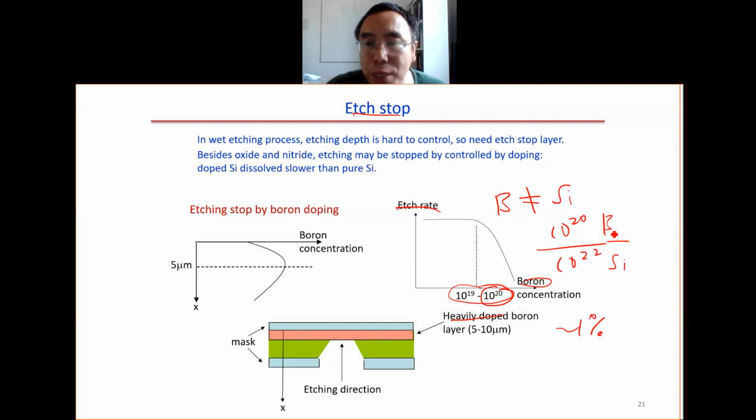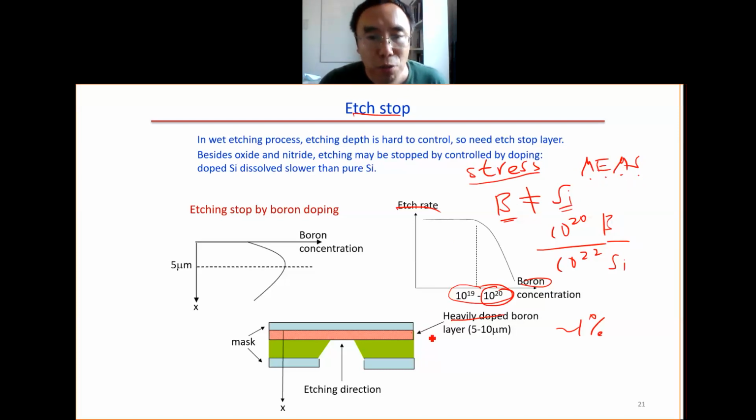When we have 1% boron in the silicon, the material has a high stress because the size of the boron atom is different from the size of the silicon atom. So we have this stress. The stress is a big problem for MEMS, micro electromechanical systems. As a result, this one is useful, but it's not that useful because of the stress. Okay, thank you.